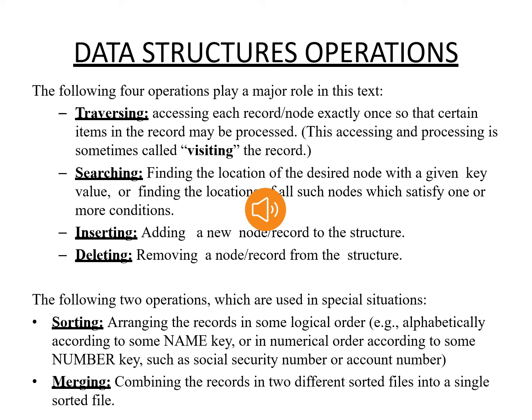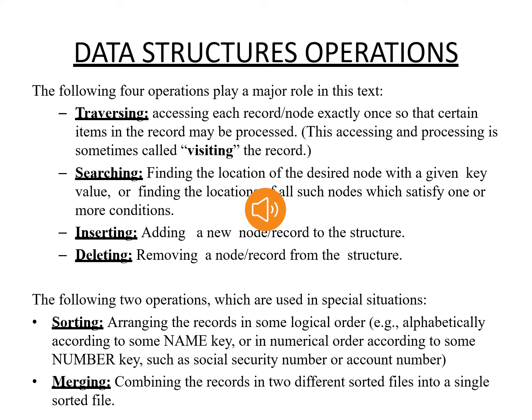Next, another important topic: what are the operations in the data structure? What operations will we perform in data structures? We have 4 operations that play a major role, and 2 more operations are also available. These operations are performed in every data structure. In the previous slide we discussed many examples of data structures: stacks, queues, lists, trees, graphs. For any type of data structure, we will perform these 6 operations.